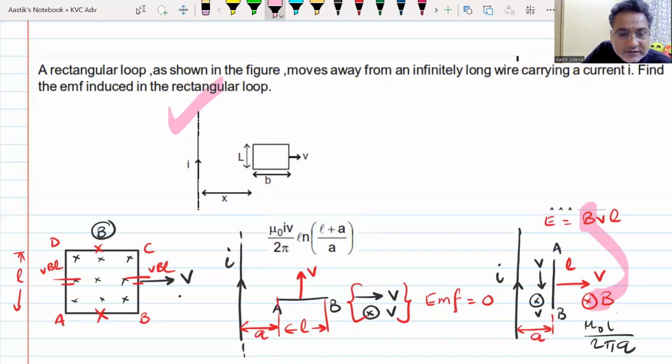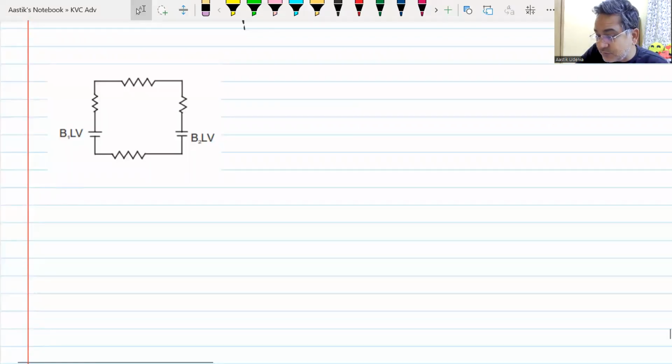So that is correct. Basically, what you have to do here, I have to move to a different page. So basically, you can replace these wires like this. Yes or no? For the nearer wire, the magnetic field is mu naught I by 2 pi x.